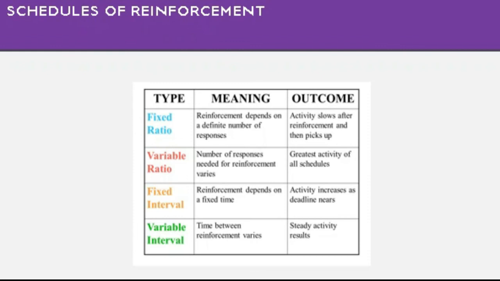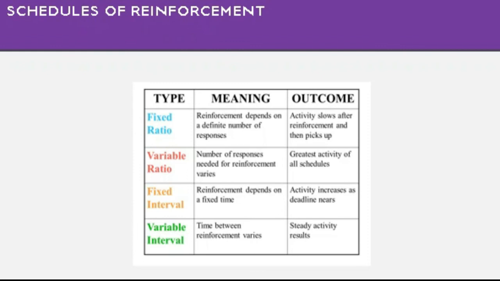Ang ratio has something to do with the amount and interval associated with time. Okay, we have here fixed ratio. Fixed ratio reinforcement depends on a definite number of responses. Okay, what would be the outcome? Activity shows after reinforcement and then picks up.